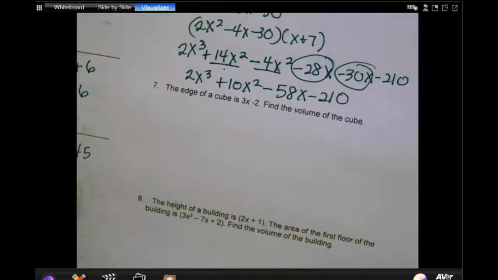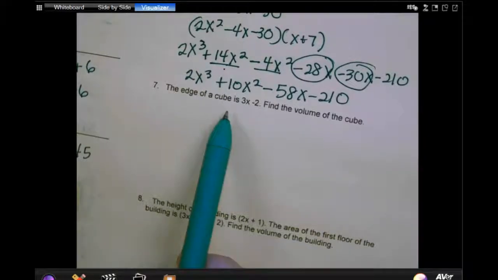So problem number 7 says the edge of a cube is 3x minus 10. Find the volume of the cube. So how do I find volume? That's right.